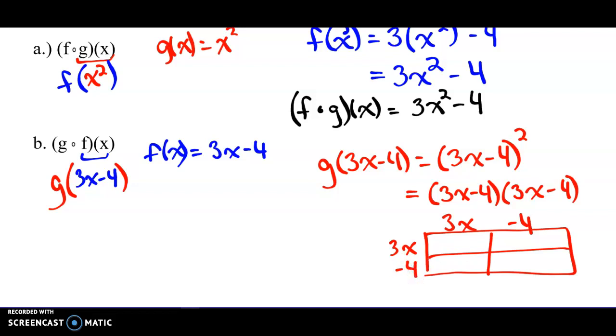So if I multiply these first two terms in this box, 3x times 3x, that is 9x squared. We then multiply 3x times negative 4, which is negative 12x. Again, we do negative 4 times 3x, negative 12x. And then negative 4 times negative 4 is positive 16.